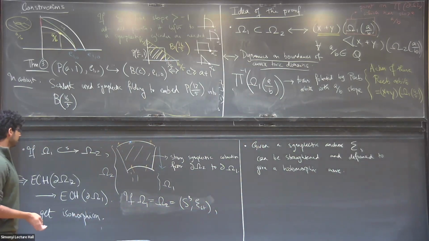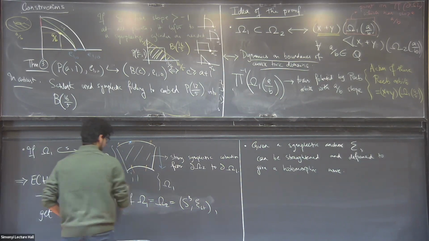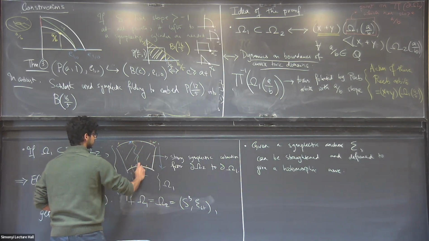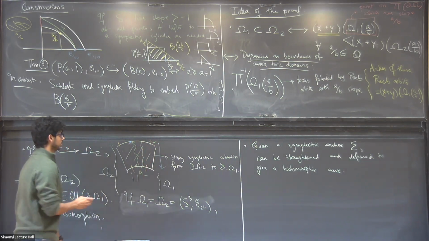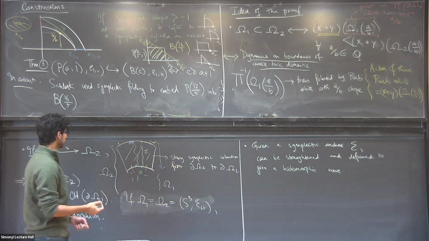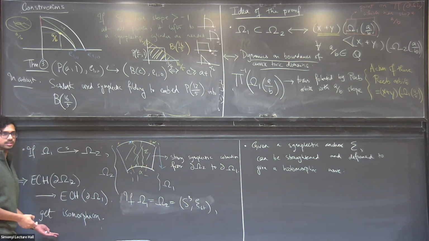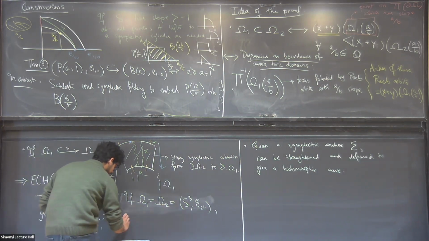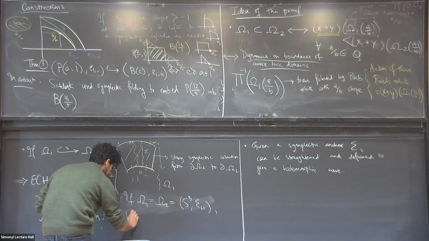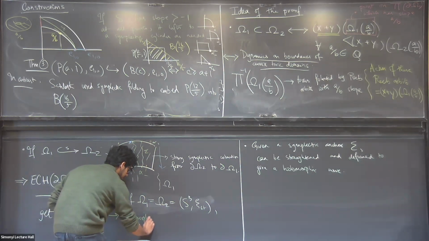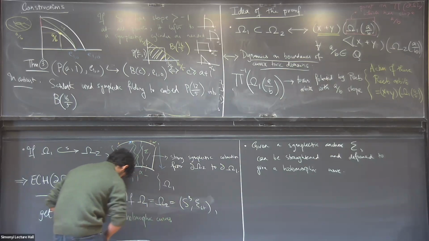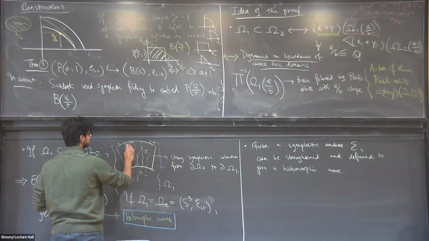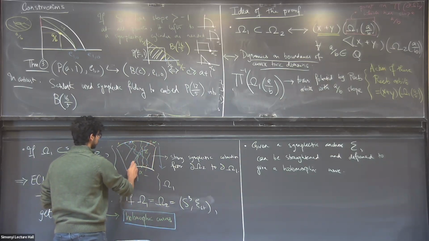So what we get is alpha minus, alpha plus, some surface sigma that's holomorphic, and we have an isomorphism. This isomorphism also gives us holomorphic curves to work with. So the ECH map gives us holomorphic curves to work with as well.